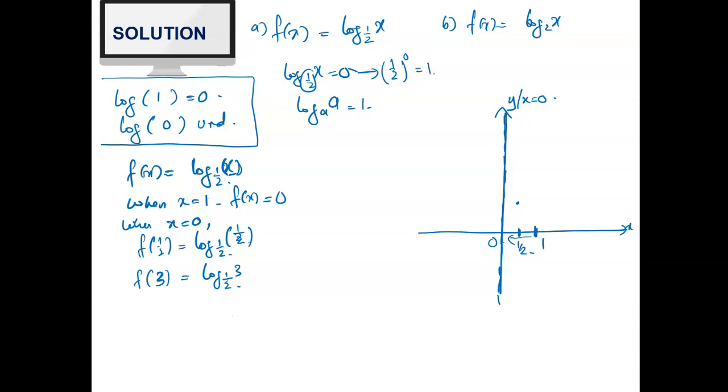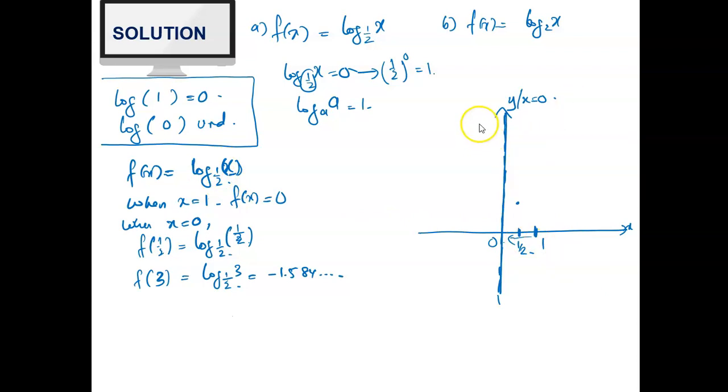Log 3 to the base of half equal to this one here, negative 1.5849 something. So when x equal to 3, log 3 to the base of half, the value is negative.